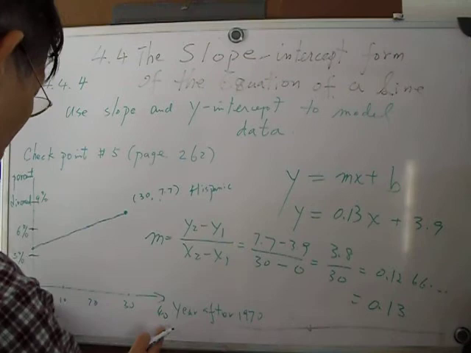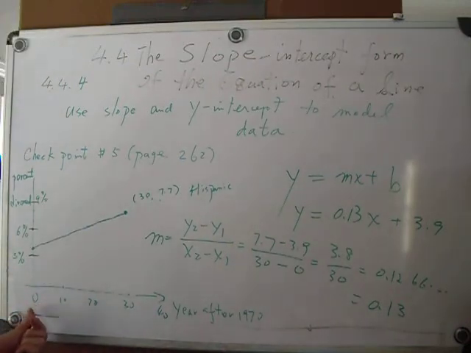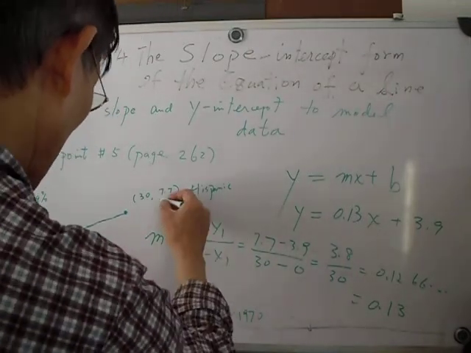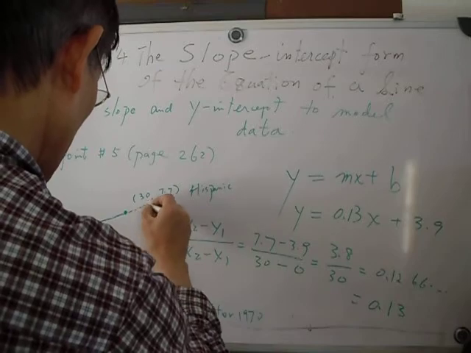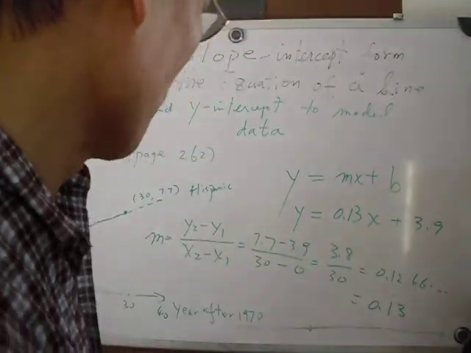So you use the x value 40, because the starting year 1970 used 0. So 40 years later is 2010. Find the y value using this model.